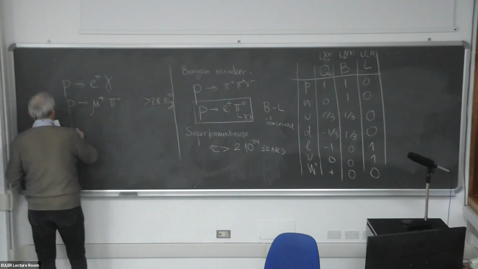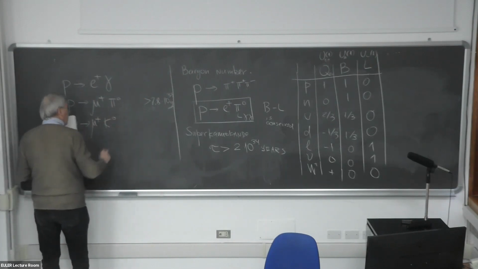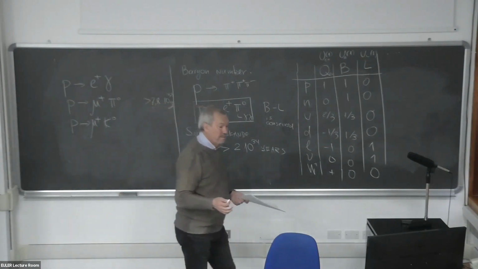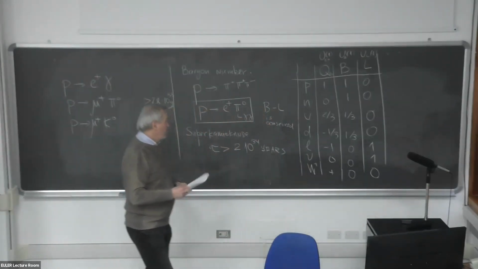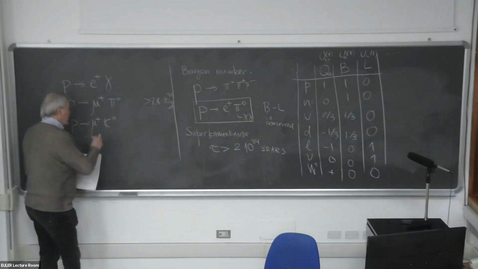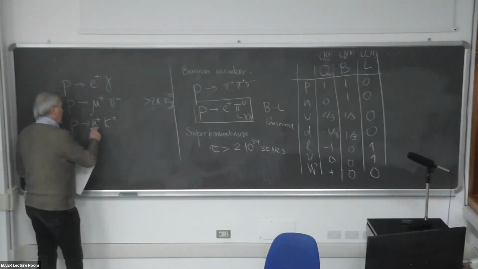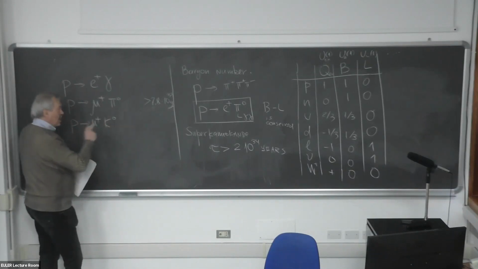Now, the decay into mu plus and K zero is a typical mode of decay in supersymmetric models. So it's important here that you have a strange quark, which is heavier, and therefore the probability is bigger for this predicted channel than for that one.